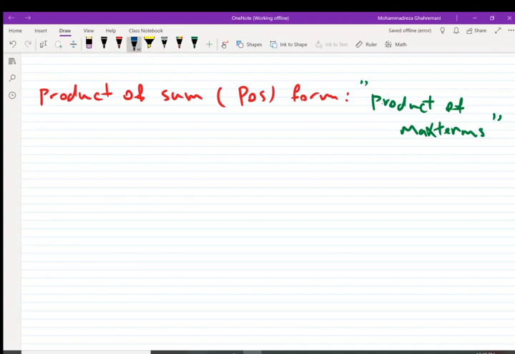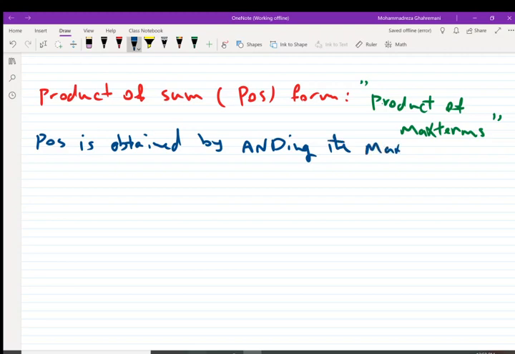So product of sum is obtained by ANDing the Maxterms corresponding to the 0 output.